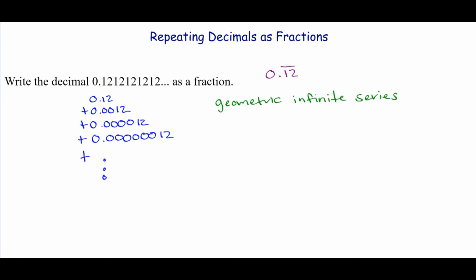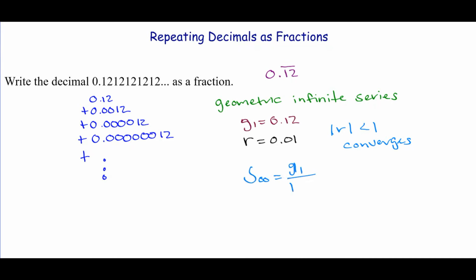So essentially what we have here is a geometric infinite series where my first term is 0.12 and my r value is 0.01. So each time I'm multiplying by 0.01, or dividing by 100. And from our rules before, we know that if the absolute value of r is less than 1, then this converges, and I can find that infinite summation by doing the first term over 1 minus r.